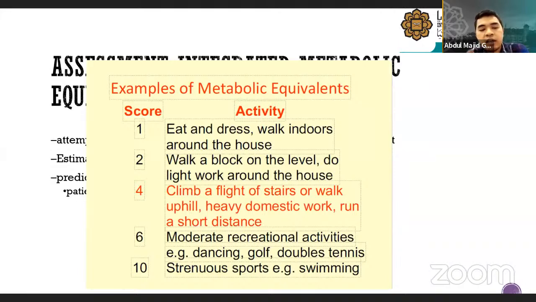If the patient scores 4, it means the patient can walk 2 flights of stairs. A score of 6 is moderate recreational activities. A score of 10 is strenuous sports such as running, swimming, and everything.